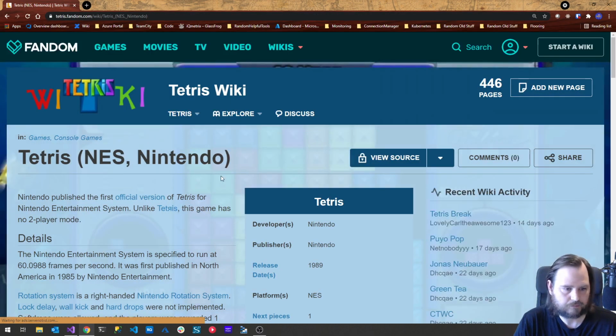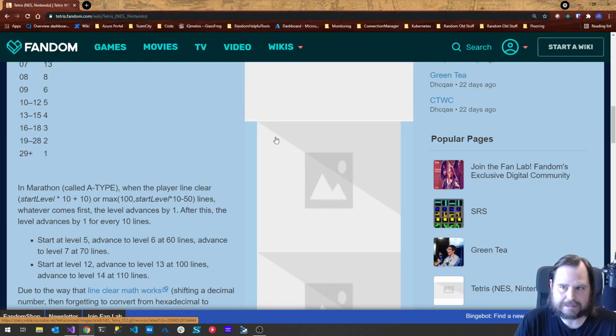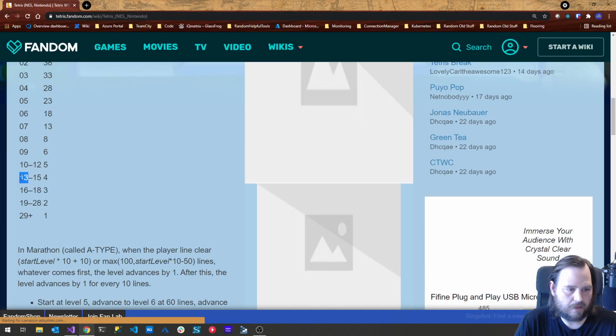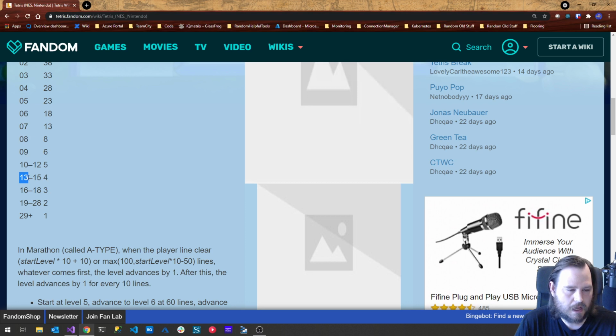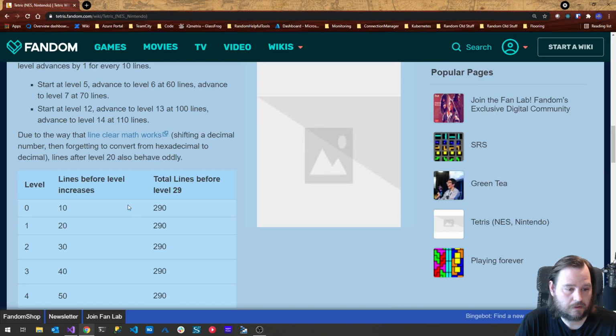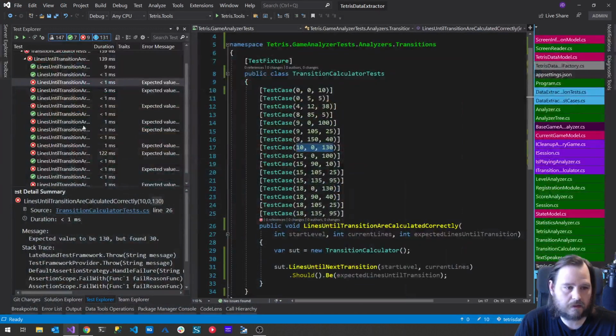Here we go. I hate these ads. Okay, if we started on 10, we're waiting till we hit 130. Level 13 will be our transition. So yeah, it is 130. So we calculated 30 only.